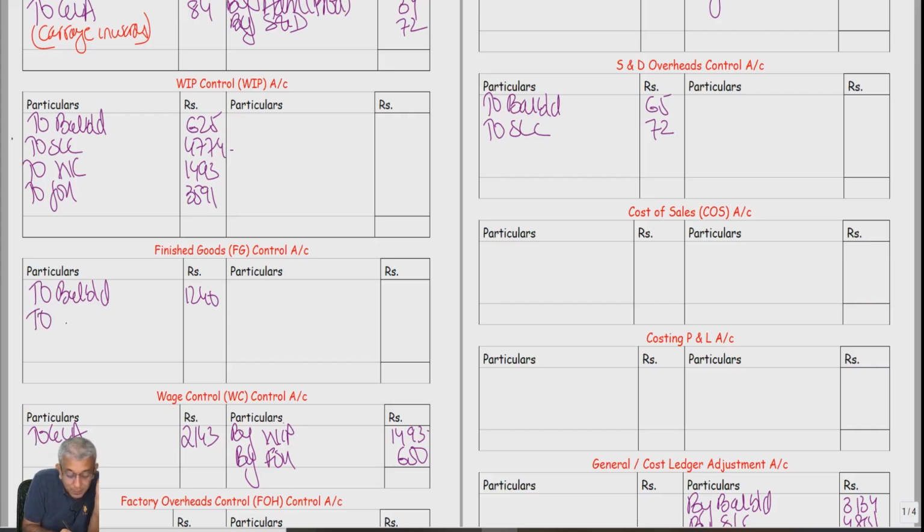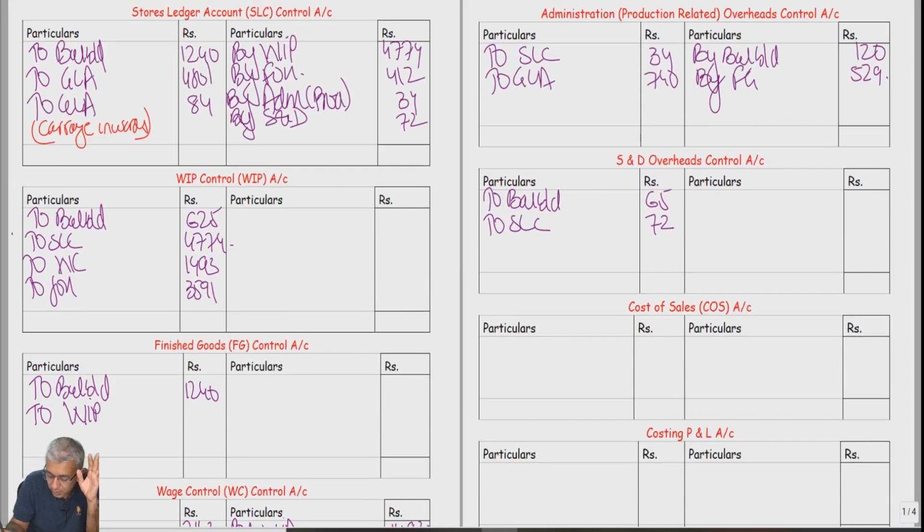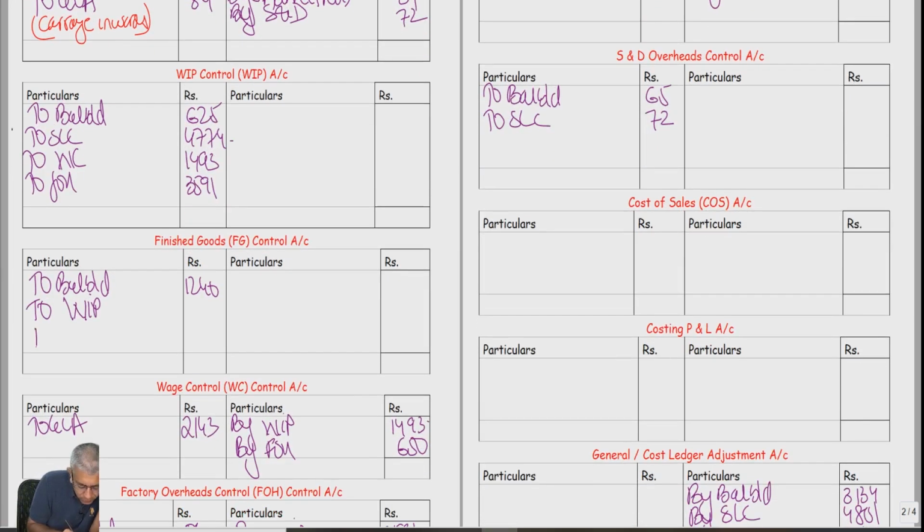Tell me which is that basic entry? WIP. So I prefer to write down that particular thing and then I am passing this. So therefore all the things look in order here. Even if you write down the administration first, it's all okay. But I try to be doing like that. To administration production 529.